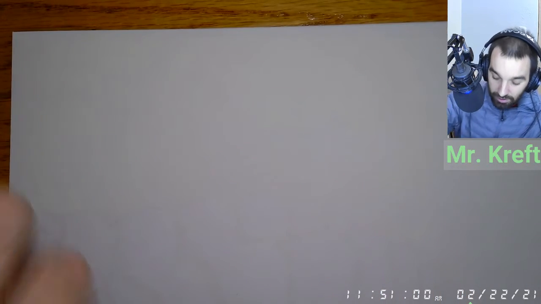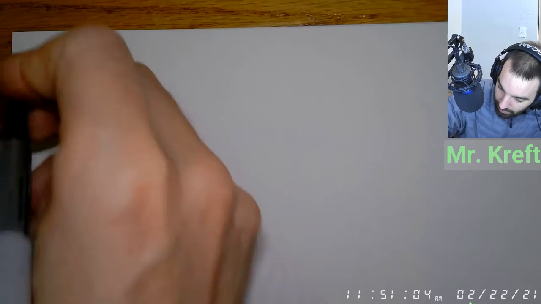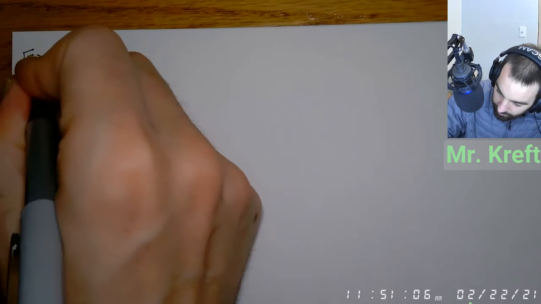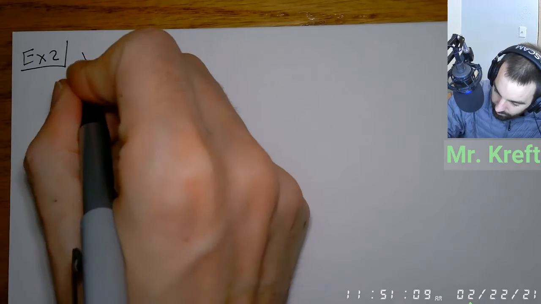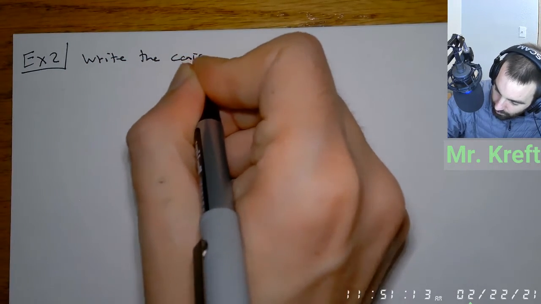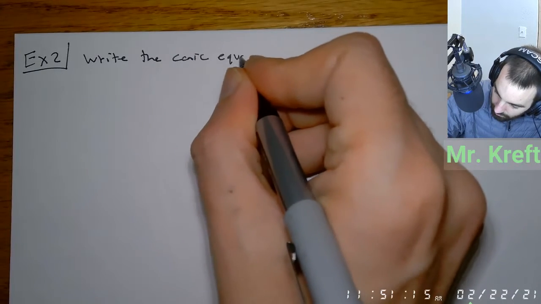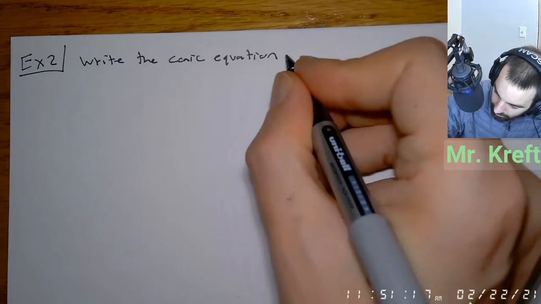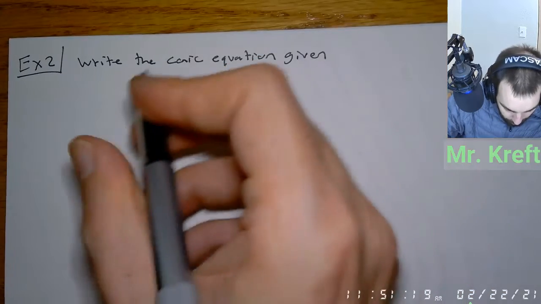Okay. Well, we should try another one. Let's try one on your own. Let's do this one. So, you're going to write the equation. So, write the conic equation given.